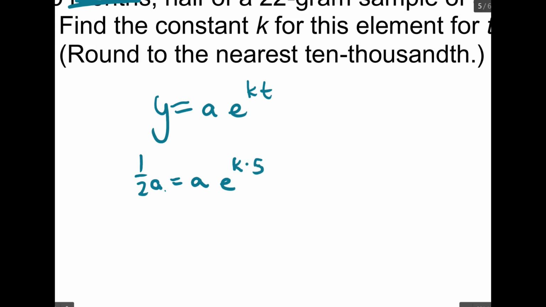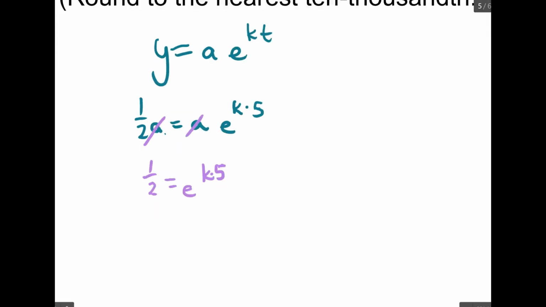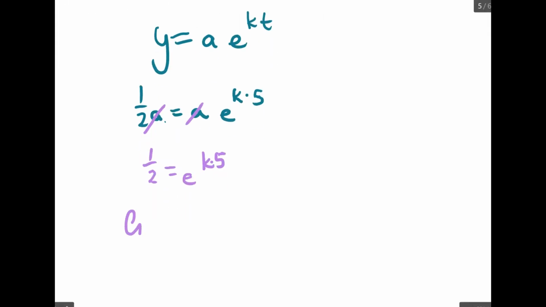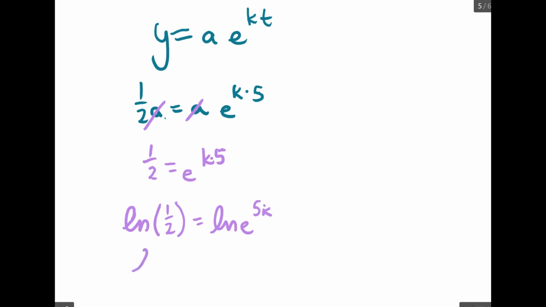As I said, it was 5 hours. That goes away. I have 1/2 is equal to e to the k times 5. Take ln of both sides. ln of 1/2 is equal to ln of e to the 5k. So I have ln of 1/2 is equal to 5k. Divide by 5 on both sides.